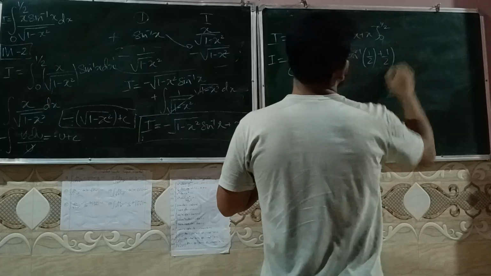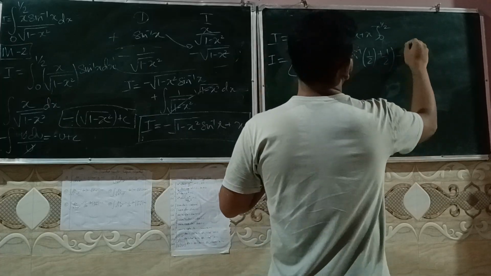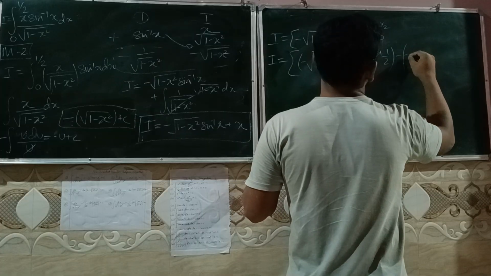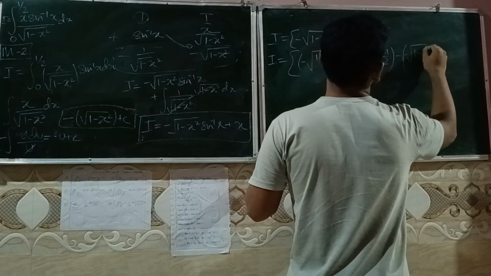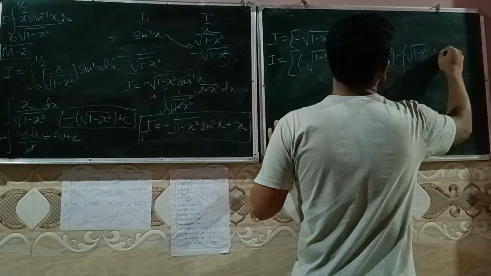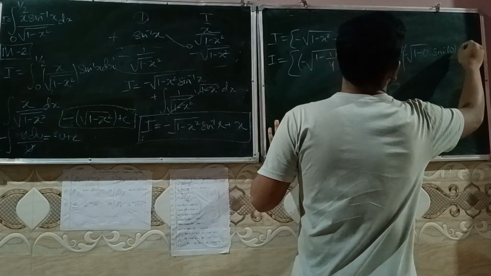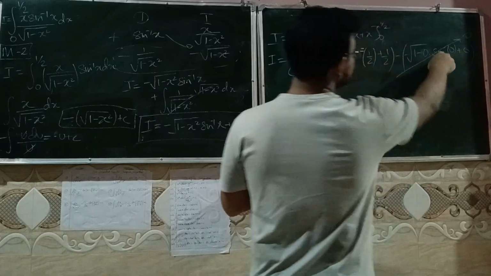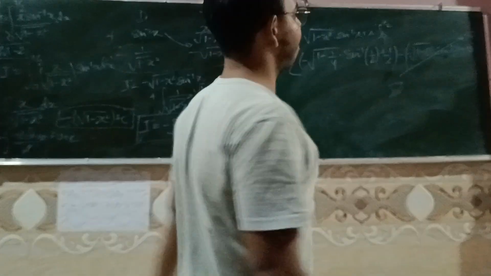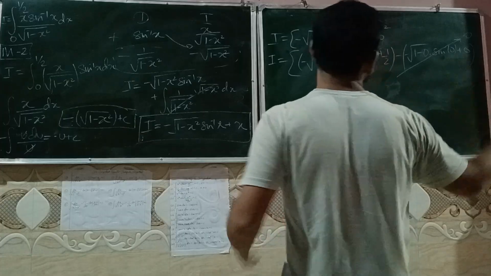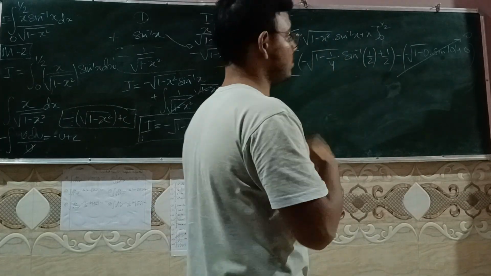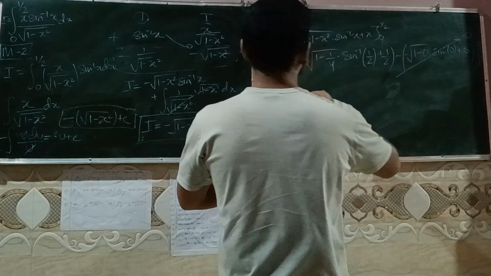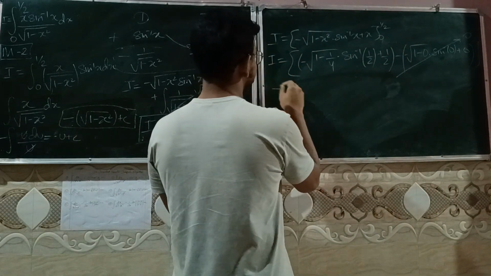And plus 1 over 2, and minus the lower limit, which we plug over here: square root of 1 minus 0 times sine inverse of 0, plus 0. This stuff is eventually 0, because sine inverse of 0 is 0, and 0 plus 0 is 0. So it's not our fault actually, and we have this thing as our answer.